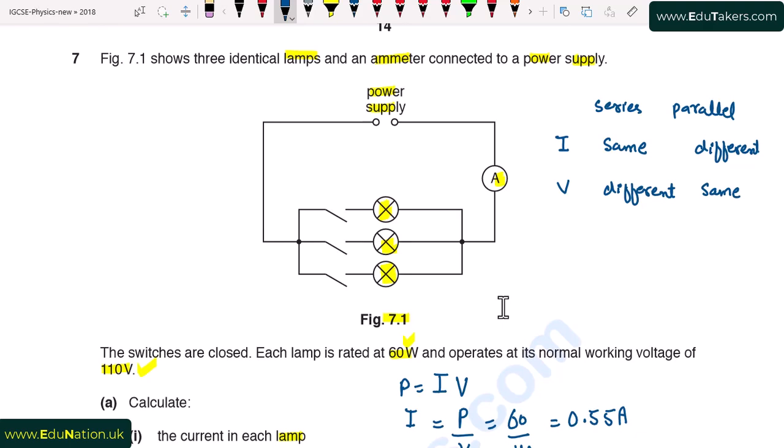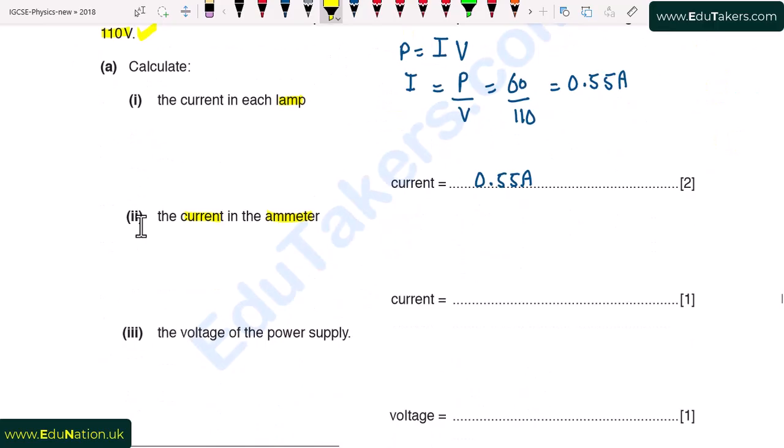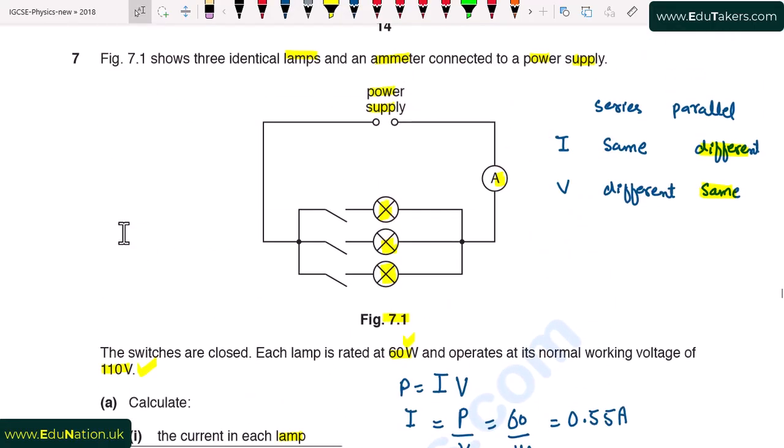By using this concept, we can see that these lamps are in parallel. That's why the potential across each of the lamps is 110. But the current that we calculated in each of the lamps is 0.55, calculated in part 1. And we have to calculate the total current. In parallel combination, current is different. The total current is obtained by adding all of the currents.